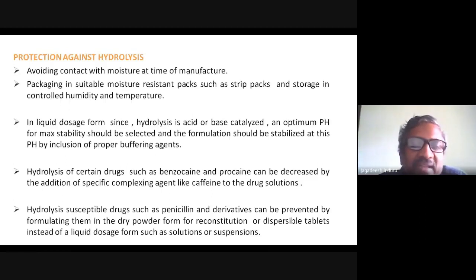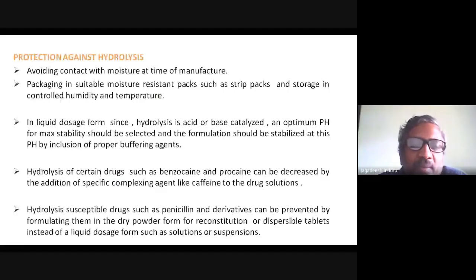We dispense them as dry granules in a bottle with a mark, and ask the patient to reconstitute by adding pre-boiled and cooled water. This reconstitution converts the dry powder into a suspension by shaking the bottle. It means you are preparing the suspension at home, not in the factory, and asking the patient to prepare it at his home.